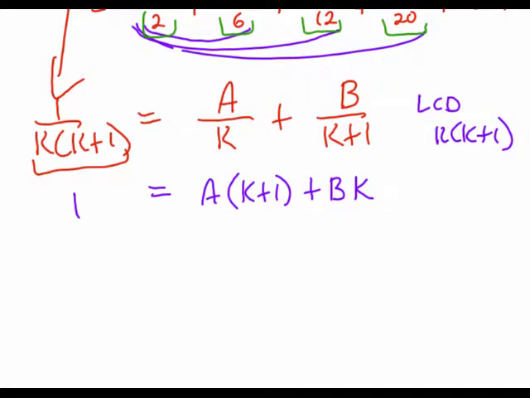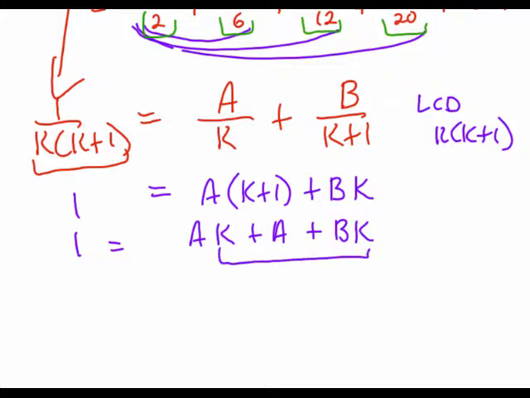And remember, the strategy here is to equate coefficients. So let's expand the bracket. And we've got terms with k, and we've got terms with no k, the k to the 0 exponent if you want to think of it this way.